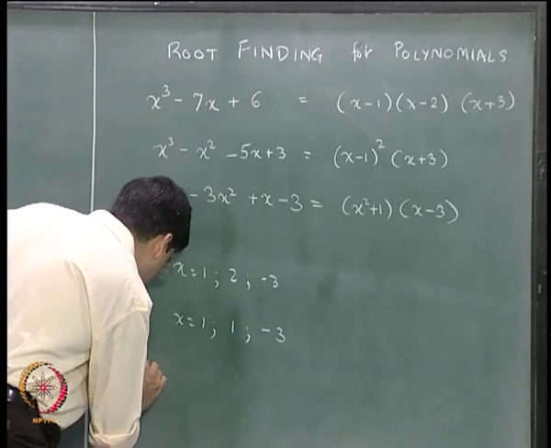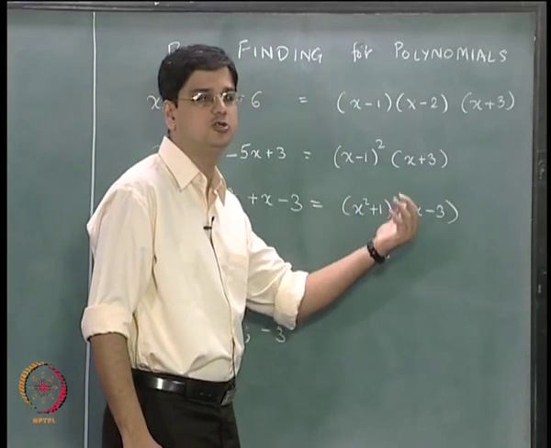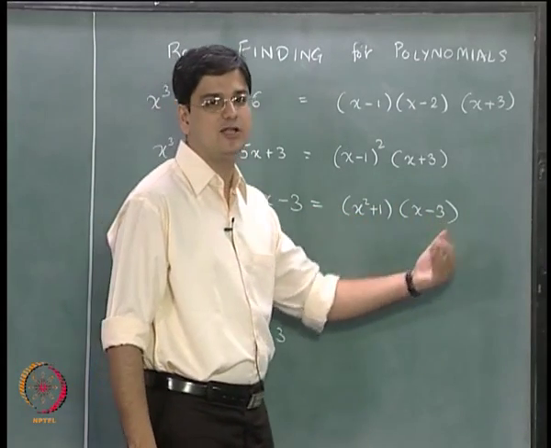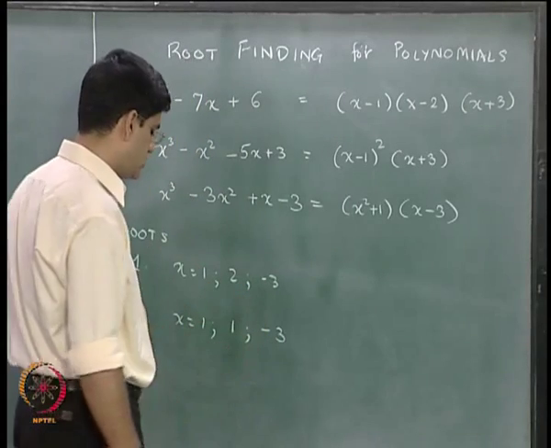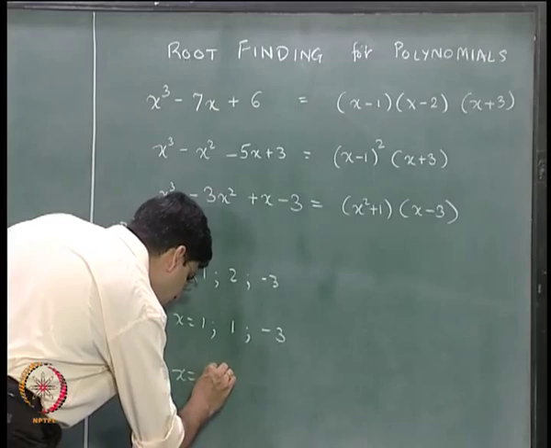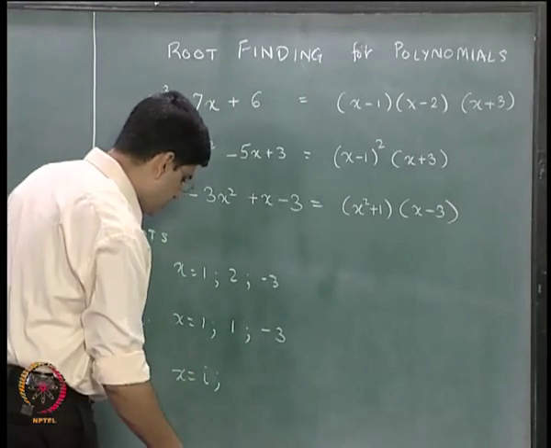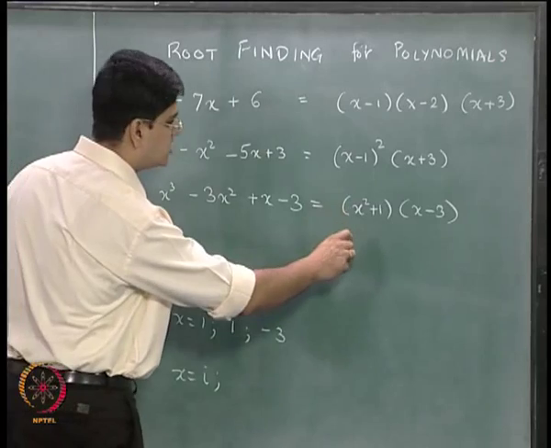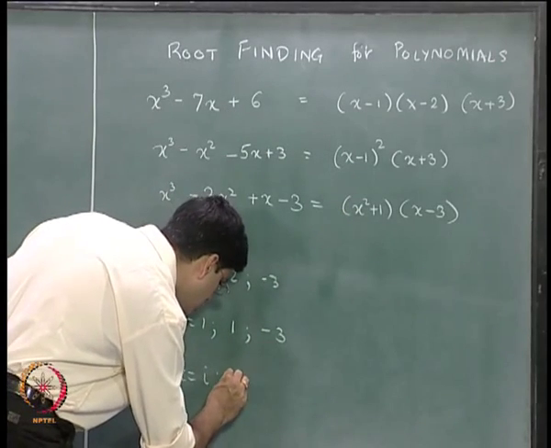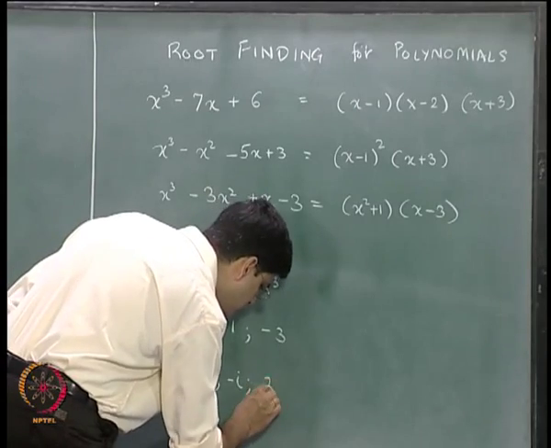For the third polynomial, it's x square plus 1 equal to 0, so x square equal to minus 1, or x equal to plus or minus i. So the 3 roots are x equal to i, the complex constant, x equal to minus i, and the third is x equal to 3.